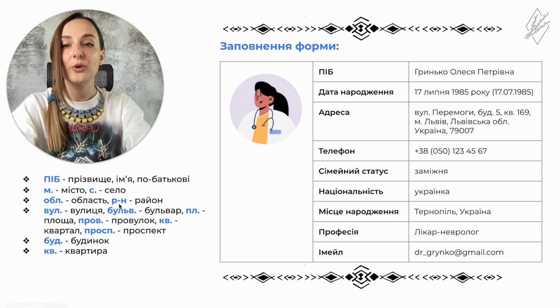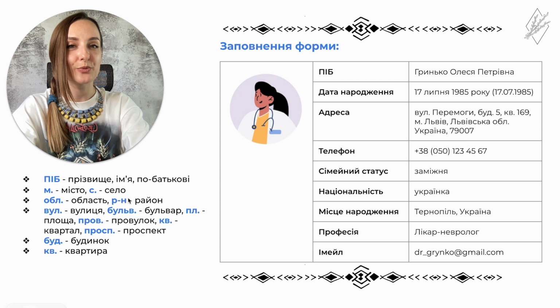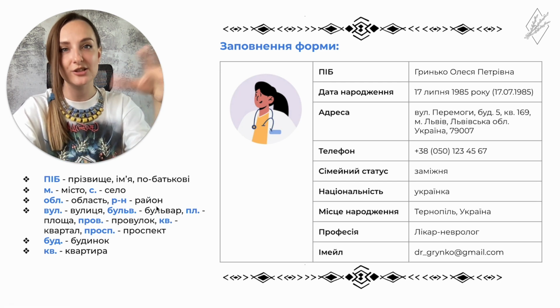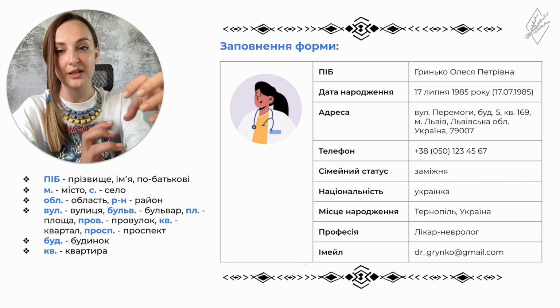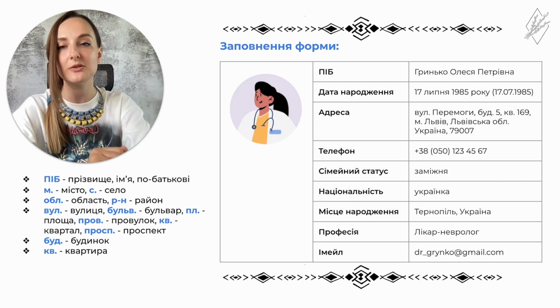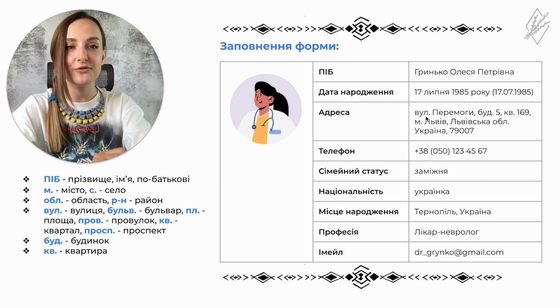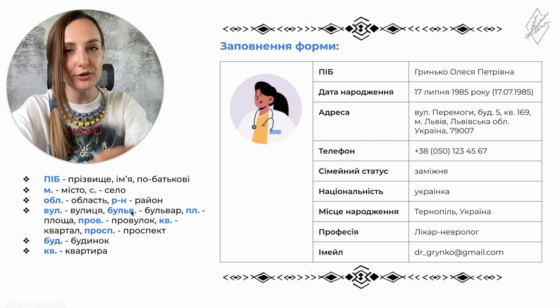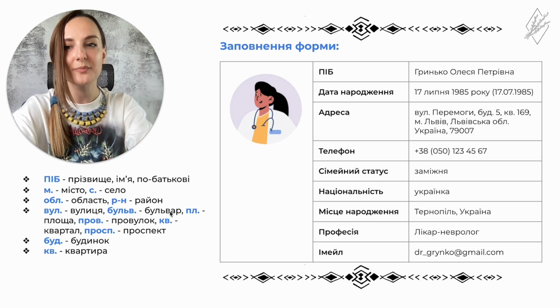Then we also may have this abbreviation р-н, which means район, which is district. So sometimes in some regions we also mention districts and its name. It could be also in the address. And then we have different abbreviations for the name of street, or it could be not street but boulevard or something like this. So here we have вул, вулиця, the most common. Also can be бульвар, boulevard.